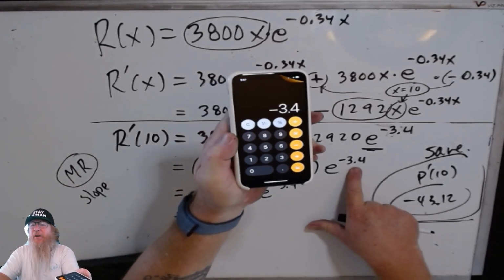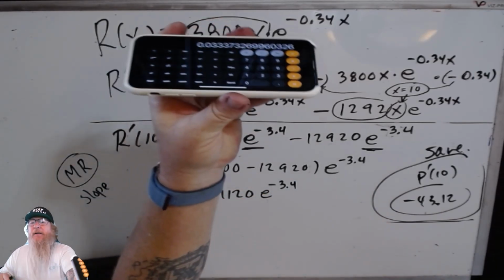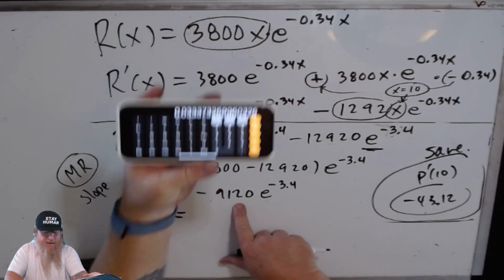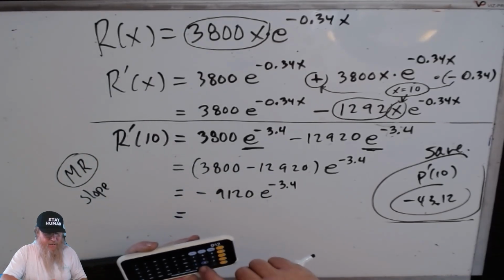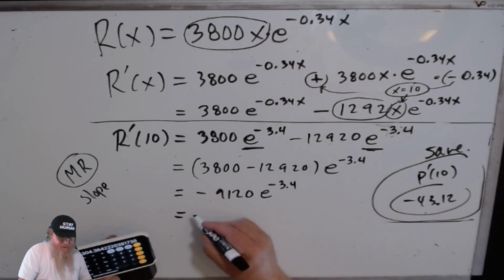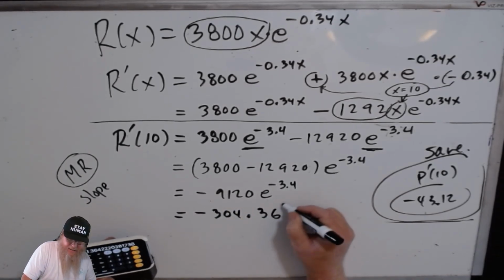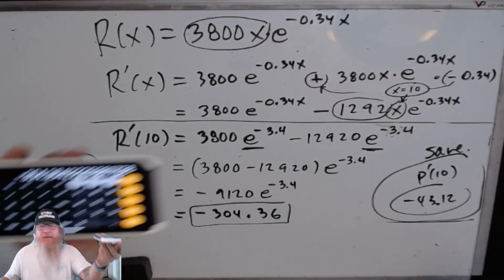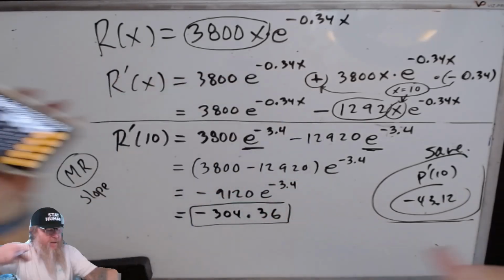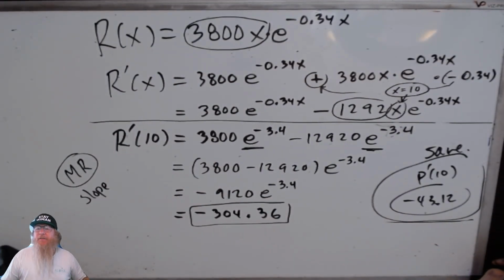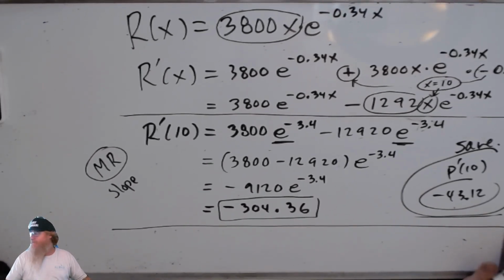So do the power first, then do the E. So that's E to that power, and then times 9120, which is negative $304.36. And the 4 is not big enough to round that up to 37. So let's interpret this result now.